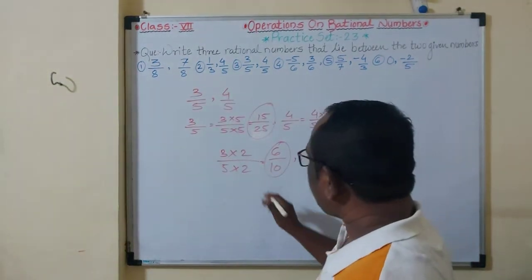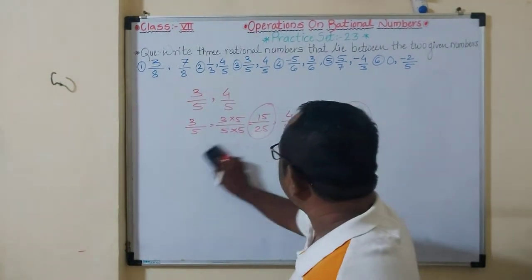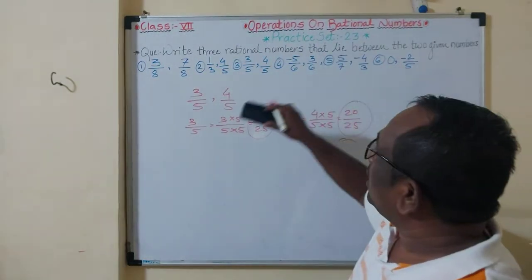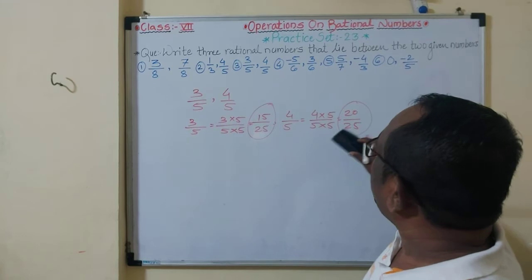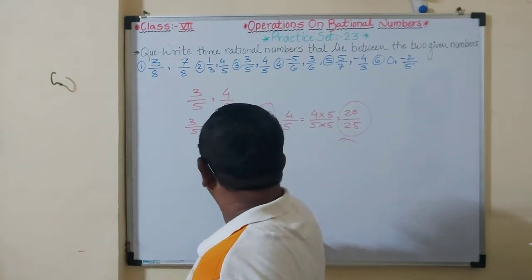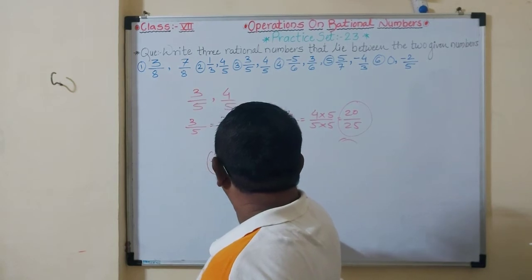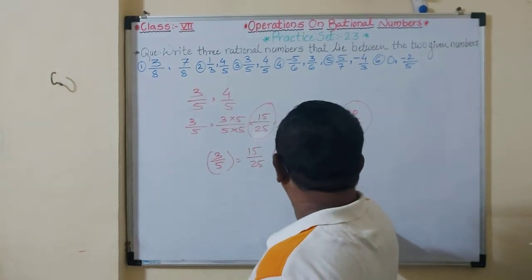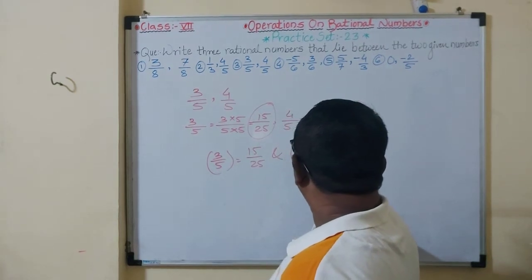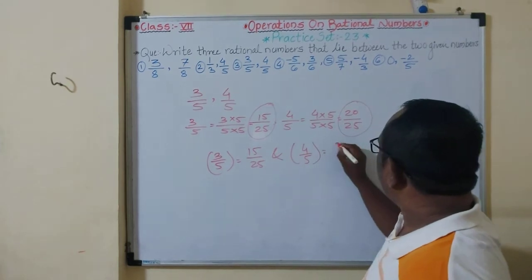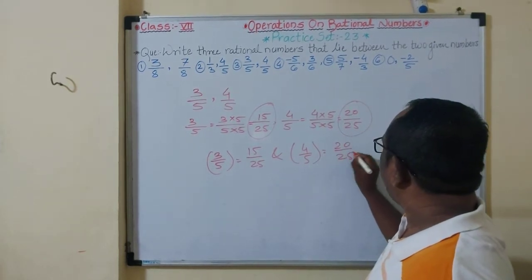Now students, I'm not writing this sentence, but in every example you have to write the sentence, the 3 rational numbers that lie between. First write like this. 3 upon 5 is equivalent to 15 upon 25, and in the bracket 4 upon 5 is equal to the equivalent fraction we got, that is 20 upon 25.